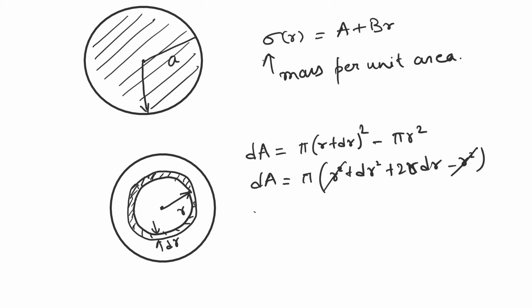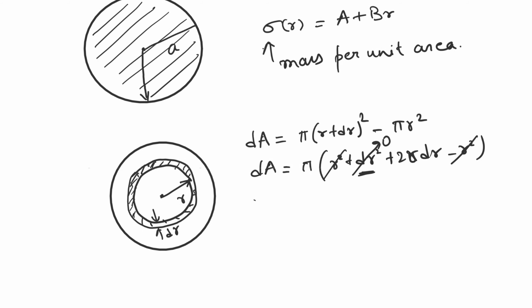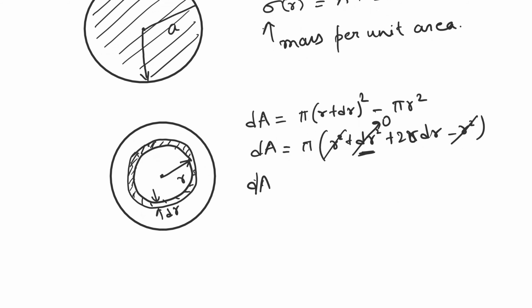The r square terms cancel, and dr square is 0. Why? Because dr is infinitesimally small, and if you square such a small quantity it becomes even smaller, so we can neglect it. So we get the area of the element as 2 pi r dr.